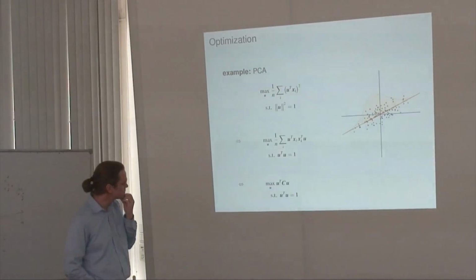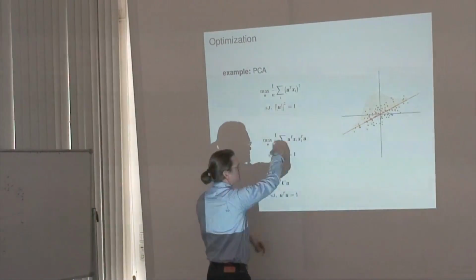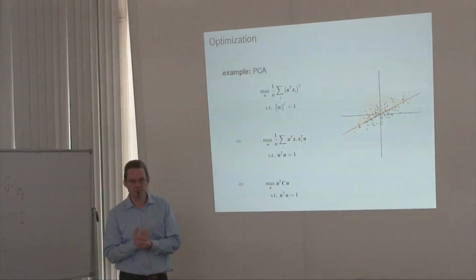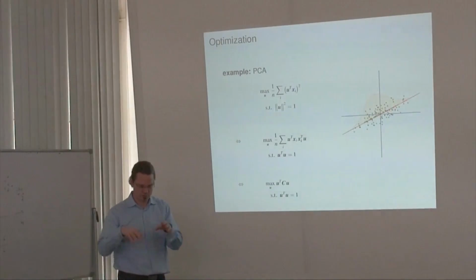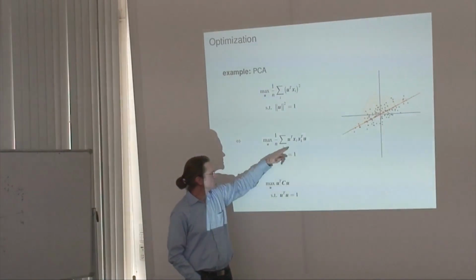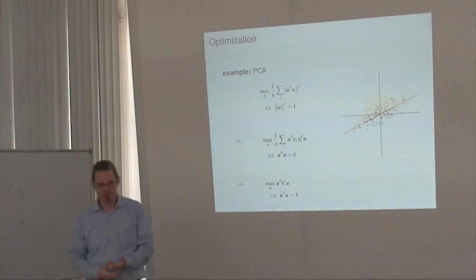Why would I do this? Because I can now pull the u's out of that summation. The summation does not depend on the u, right? The summation is just over the i, just over the vectors xi. But 1 over n times the sum of xi xi transpose is what we call the covariance matrix.